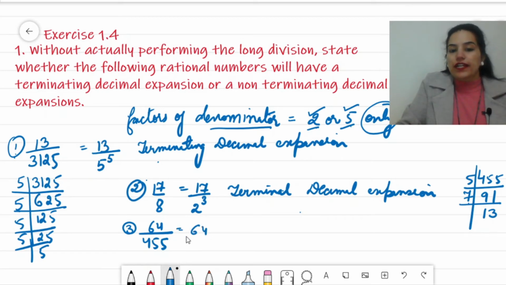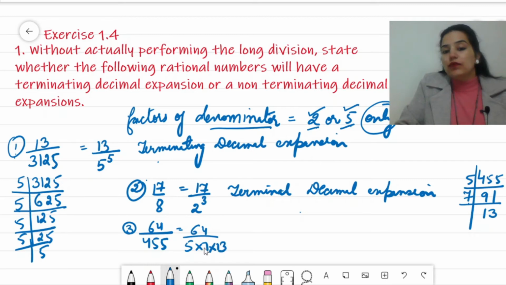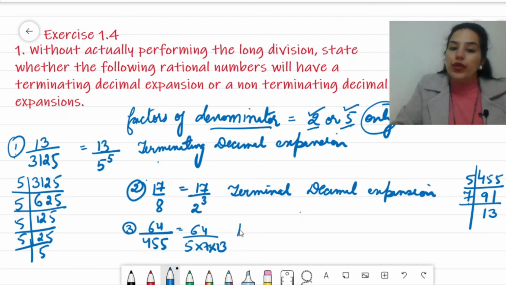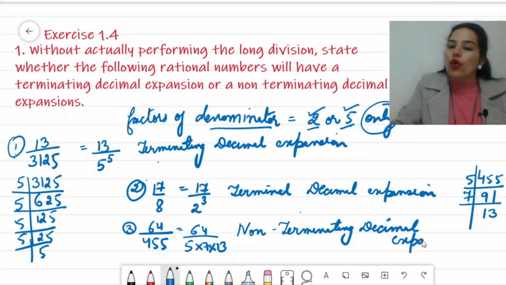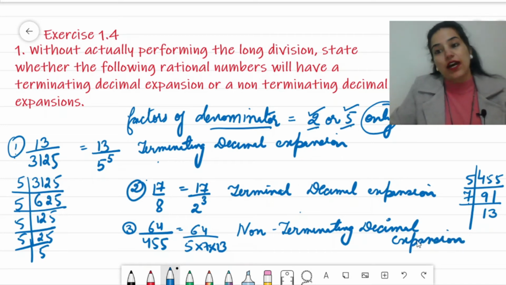So here it is actually 64 over 5 into 7 into 13. The moment you have factors other than 2 or 5, it will have a non-terminating decimal expansion. It should be only 2, only 5, or both of them, but no other factor other than 2 or 5.